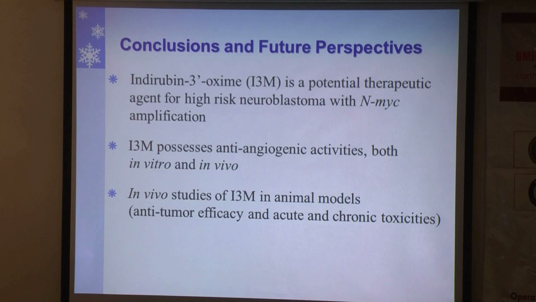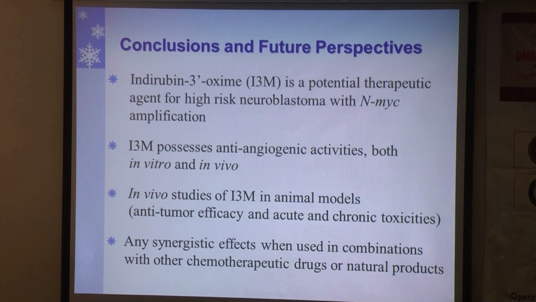However, currently we are doing the in vivo study of I3M in an animal model to make sure it has anti-tumor efficacy and also has very low acute or chronic toxicity. This is still underway. And finally, hopefully I3M can be used as an agent in combination therapy with the conventional chemotherapeutic drug, to reduce the dose being used.